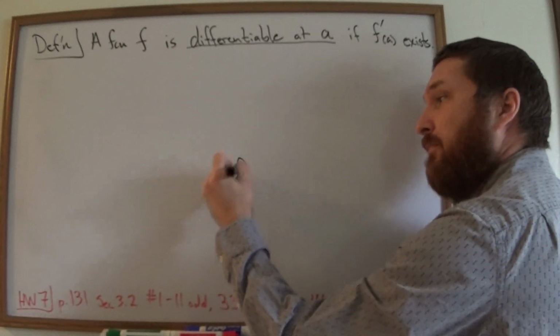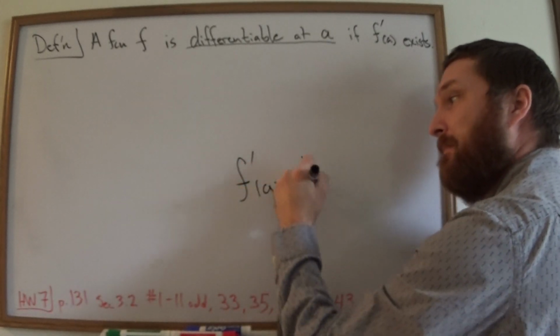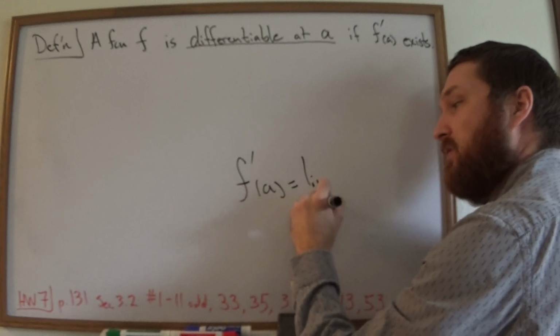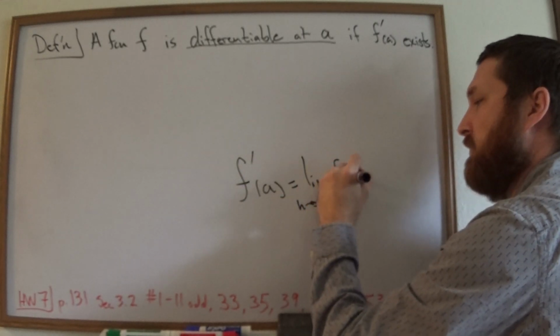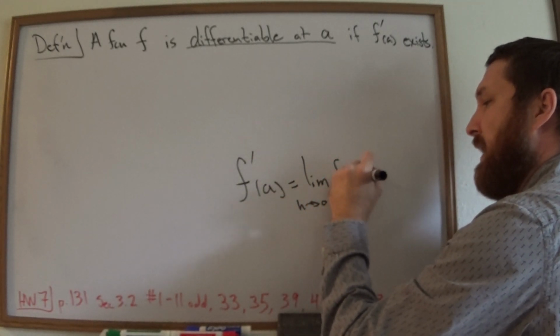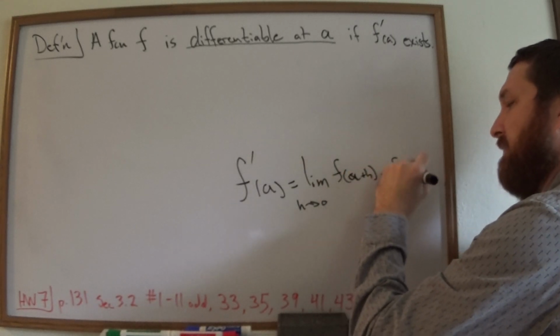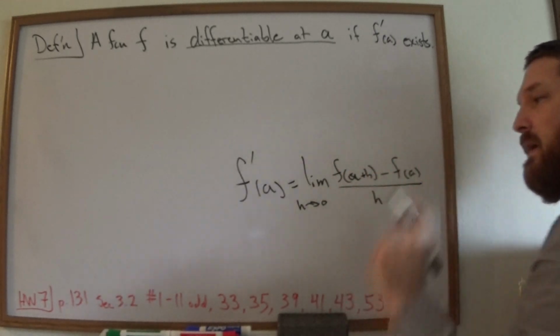And remember, f prime of a is a limit. It's a limit as h goes to 0, or you could set it up different ways, but usually plugging in f of a plus h minus f of a, all over h.